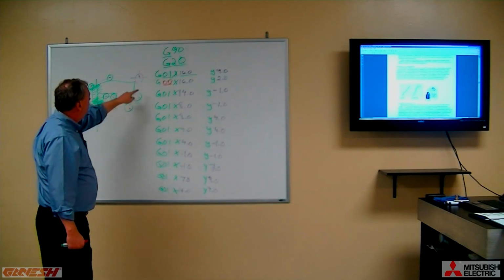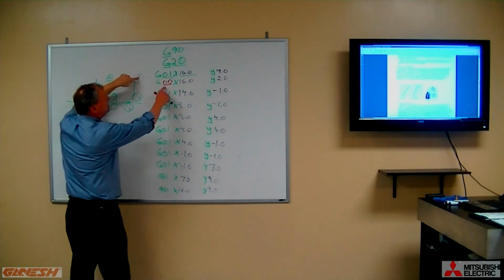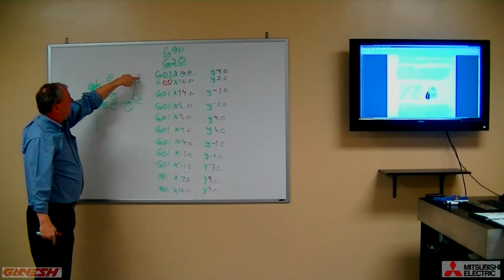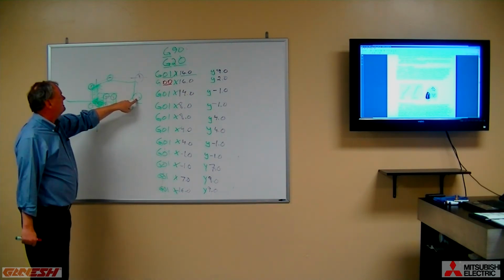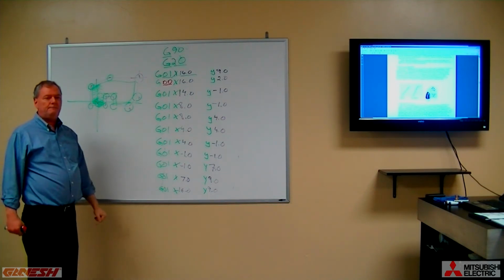So that would mean that starting here, we're at this point, and then we say G00, X16, Y2, which means we want to move down to point number 2 as fast as the machine can possibly take us. And that would not be a good thing because we're actually in material.